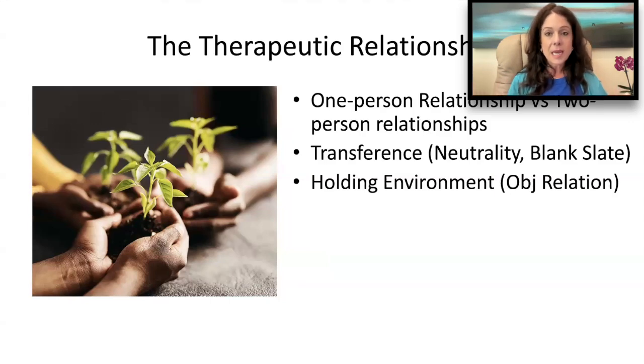It still holds people accountable, but there's a warmth there that you didn't get in earlier schools. That's called the holding environment, to really ensure that the therapeutic space is safe. It's often called a safe container. It's a safe place for them to process what's going on in their life. It doesn't mean that they're not challenged, but there is this emotional safety, secure attachment.